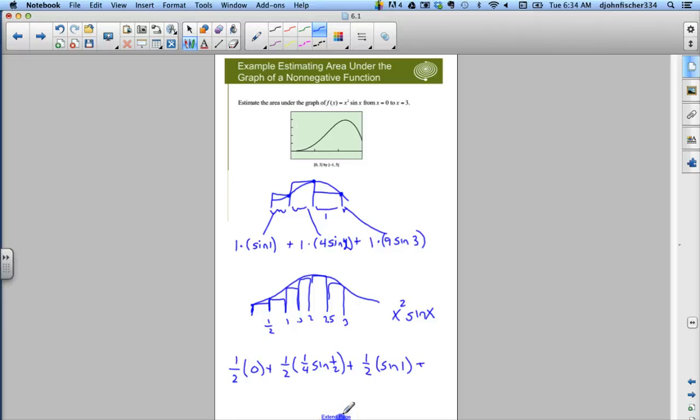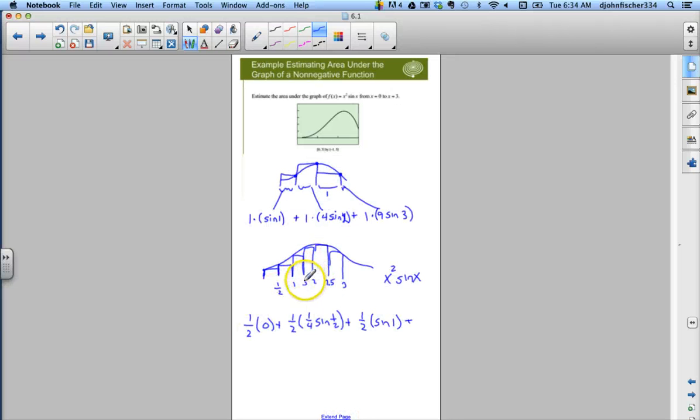plus my fourth rectangle, I'm plugging in 1.5, so it's going to be 1/2 times 1.5 squared sine of 1.5, plus the next rectangle I plug in 2, so it's 1/2, the width of a rectangle, times 2 squared sine of 2, plus the next one I'm plugging in is 2.5, it's 1/2 times 2.5 squared sine of 2.5.